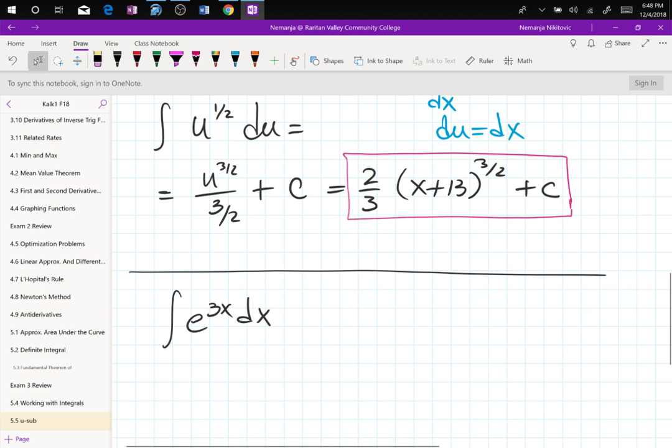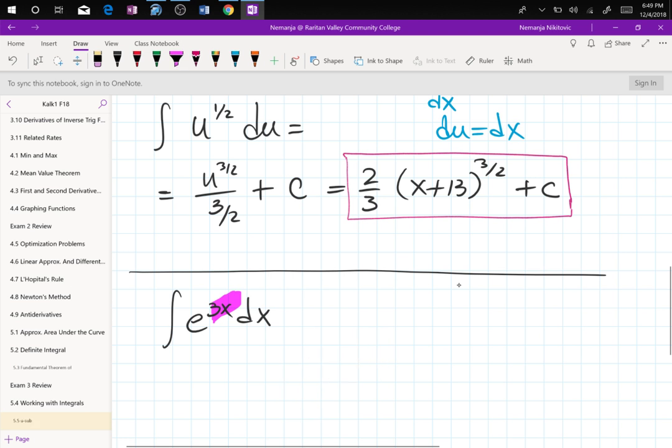But let's just do our u sub. First, we start with the attitude, right? If that was just an x or a single variable, then I would just have e to the x, and that's easy, right?